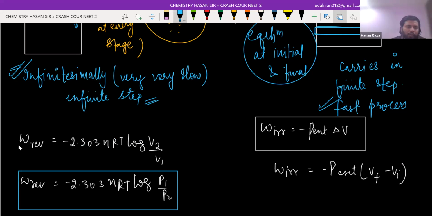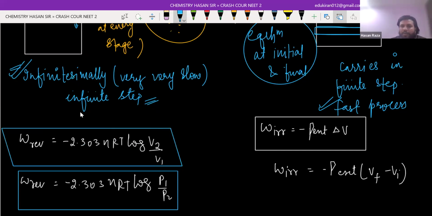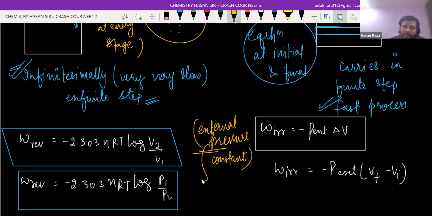Now, how are you going to recognize which one is reversible and which is irreversible? Always remember that whenever the question says the external pressure is constant, that process is an irreversible process.